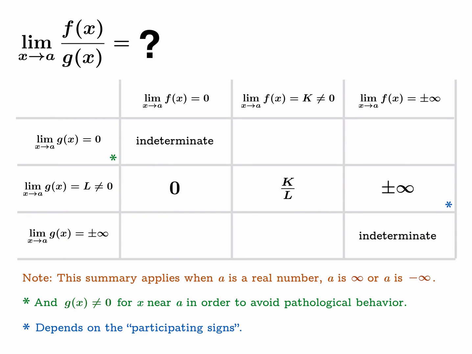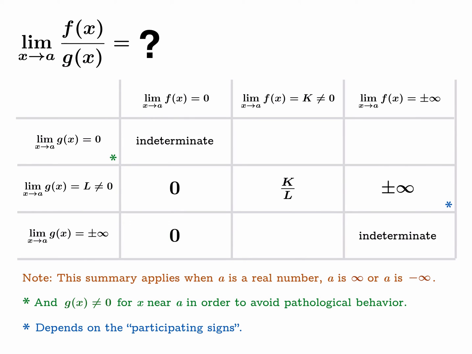Closely related to the 0 over 0 form is the infinity over infinity form. In fact, you should convince yourself that every 0 over 0 form can simply be rewritten by taking the reciprocal of the reciprocal. You can always rewrite a 0 over 0 form as an infinity over infinity form, and vice versa. So these are really two faces of the same coin.